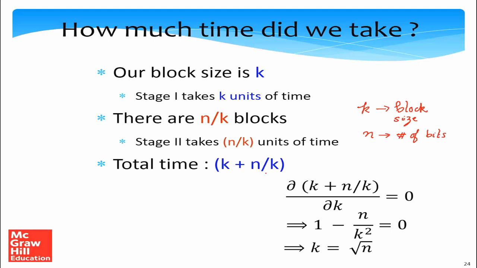For finding the minimum of this function, let's differentiate it with respect to k. Whenever the derivative is 0, we'll be able to find a maxima or minima. In this case we want to minimize the time, so we want a minima. Differentiating with respect to k, it becomes 1 minus n by k square. And so the optimal value of k for which the total time is minimized is square root of n.